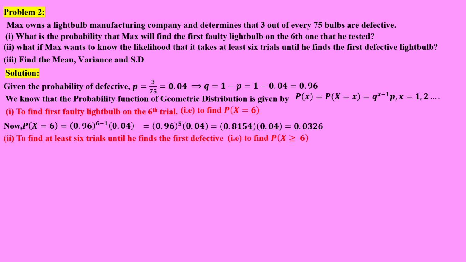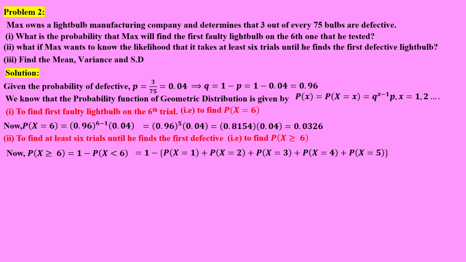Second one, to find at least 6 trials until he finds the first defective. So probability of x at least, that is why greater than or equal to 6, equals 1 minus probability of x less than 6. So 1 minus probability of x is equal to 1, x is equal to 2, x is equal to 3, x is equal to 4, and x is equal to 5.